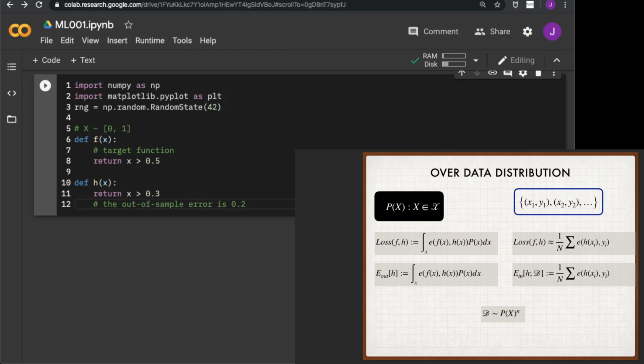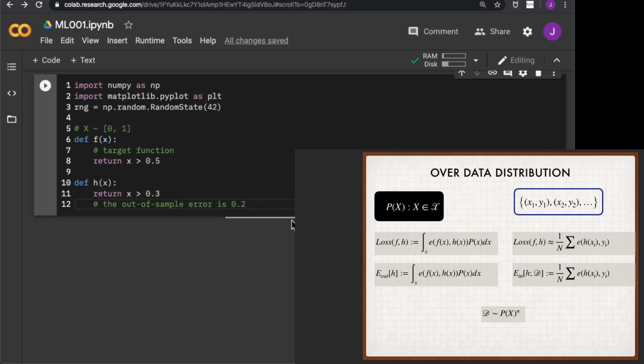If we count each misclassification as a cost of 1, because x is distributed evenly between 0 and 1, we will have a chance of 0.2, that is when x is between 0.3 and 0.5, where h will not agree with f, and for other x, h and f will agree with each other. So the oracle out-of-sample error is 0.2.